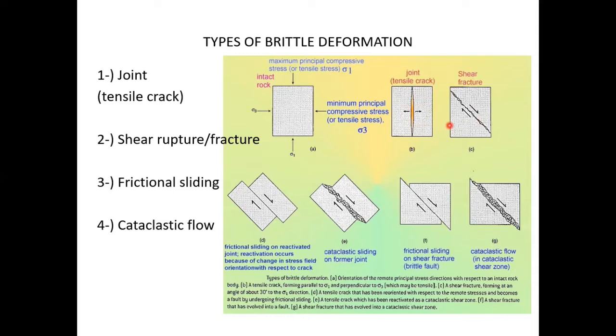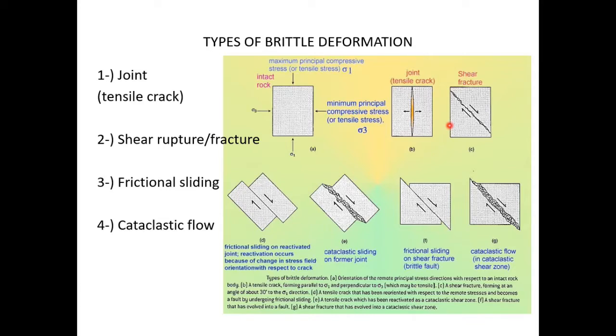So in the field, on an outcrop, if you find a fracture plane, a broken surface, and you can't be sure whether it is a fault or not, the first thing to check is, is there any displacement? Is there any evidence for slip on one side of the fracture plane?